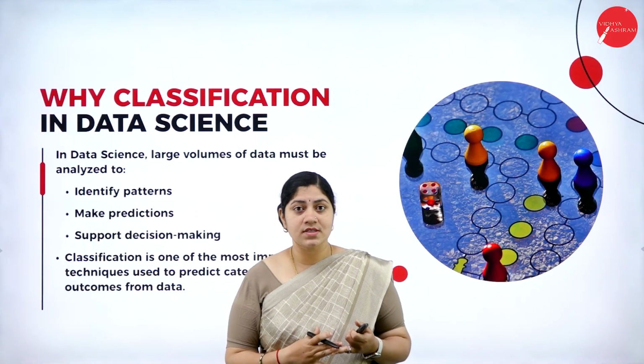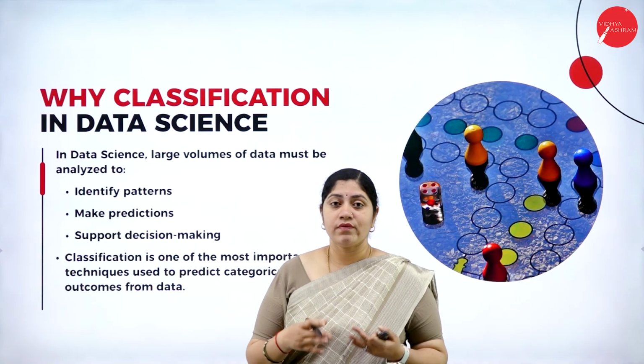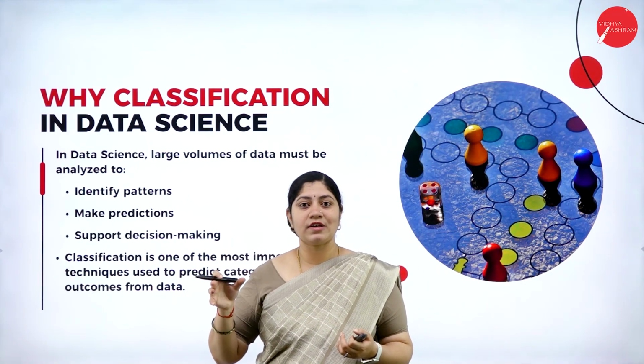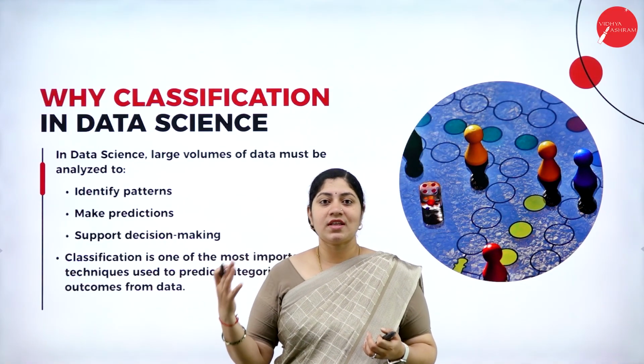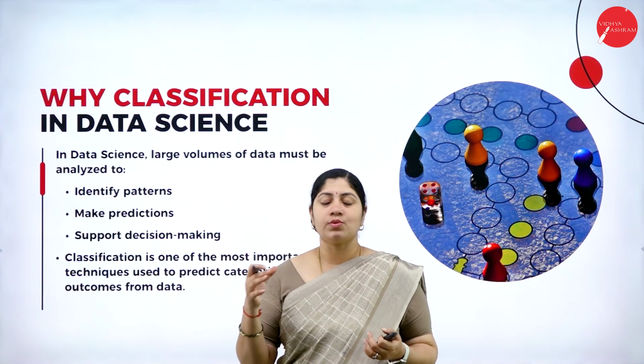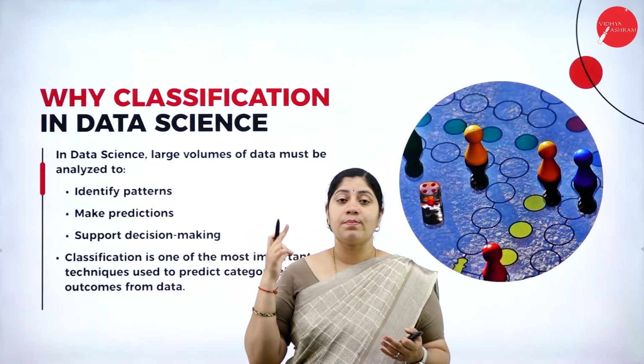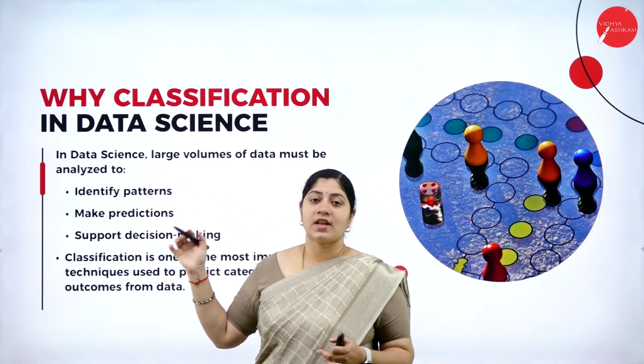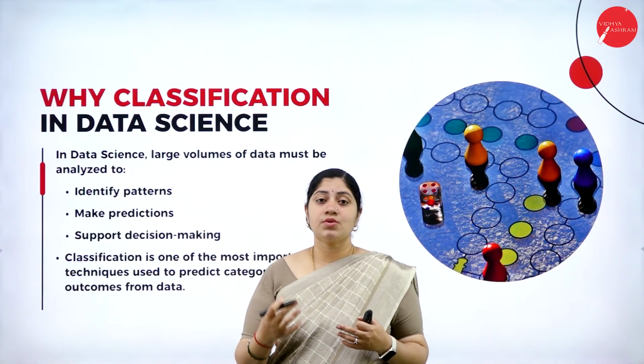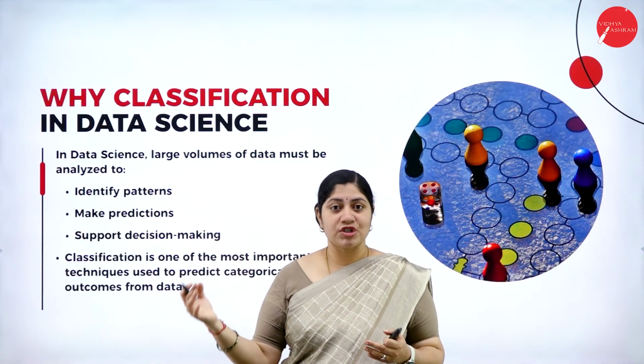And in order to make decisions and predictions, we need patterns, correct? So we need to identify proper patterns, which is none other than pattern identification. All these things must be followed in order to predict or make a decision. That's why classification helps us to do these things in an efficient way.